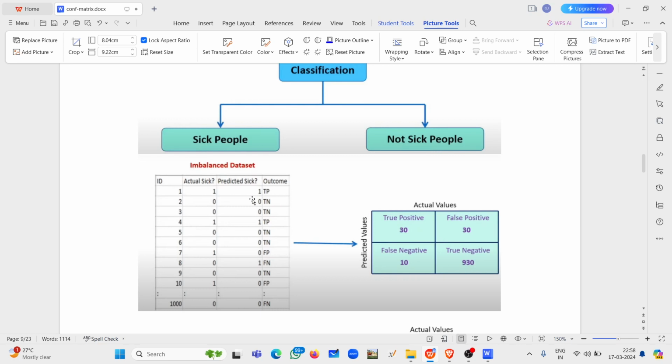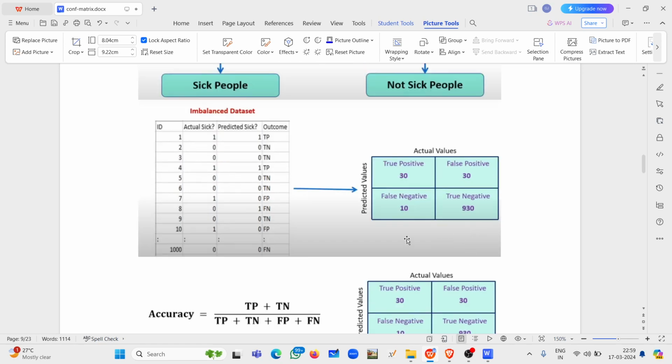So like this we can count how many TP, how many TN, how many FP, and how many FN. The true positive TP is counted as 30, false positive is 30, false negative is 10, and true negative is 930. And the total will be 1000, right? Because 1000 patients are there.